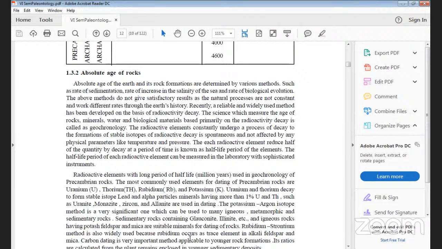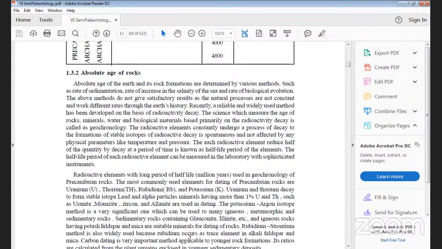Recently, a reliable and widely used method has been developed on the basis of radioactive decay. The science which measures the age of rocks, minerals, water, and biological materials based primarily on radioactive decay is called geochronology.